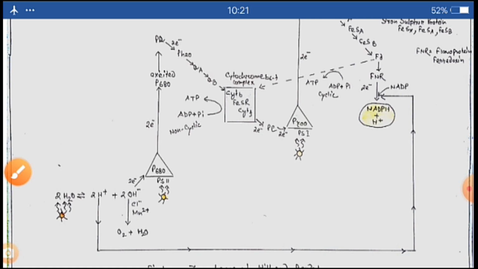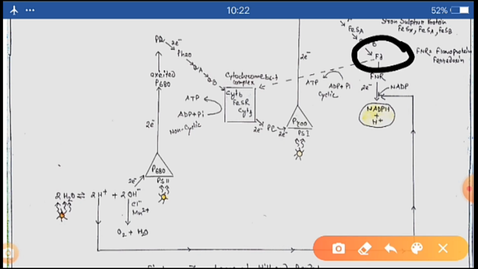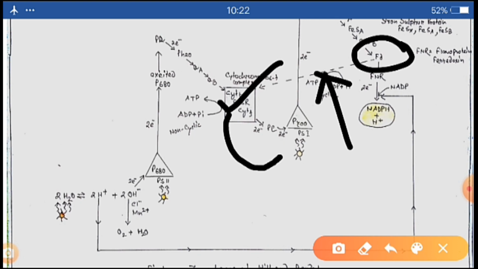And what happens if the light is such that only PS1 is activated? In this condition, electrons will be transferred from ferredoxin to cytochrome B6F complex, and during this transfer one ATP molecule is synthesized, and again from this complex electron is transferred to PS1 via plastocyanin.